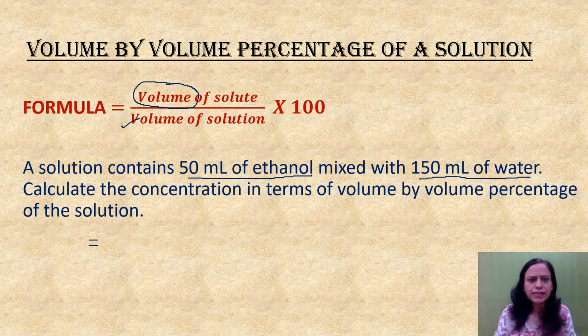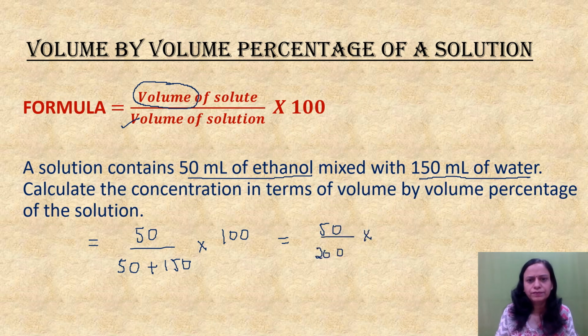Volume of solute is 50. Volume of solution becomes solute plus solvent, and then we have into 100. Simplify this. This becomes 50 upon 200 into 100. So this is very, very easy, and you directly get your answer as 25%.